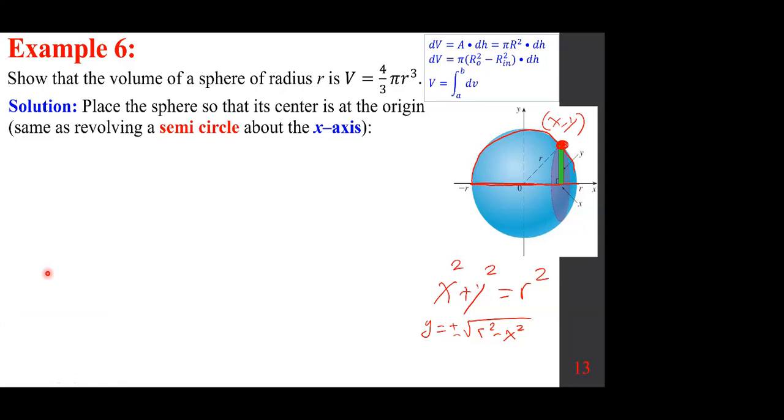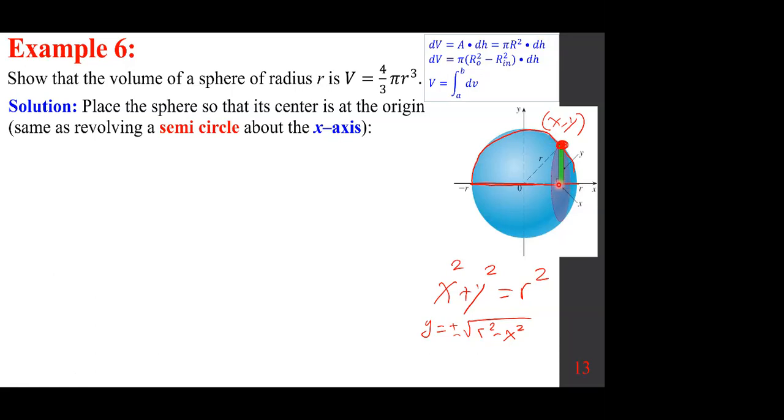So dv is area times dh, or pi r squared dh. So pi, we have it. R is this distance, the y distance as a function of x. And dh is this thickness, which is dx.